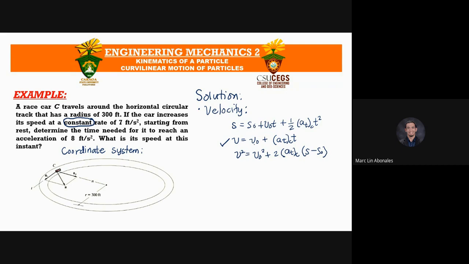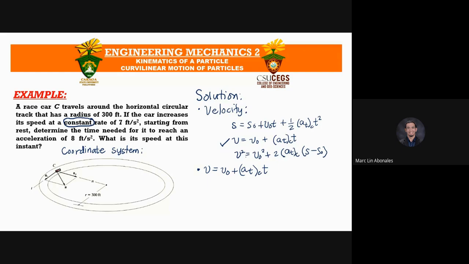Okay? What is our v0, our initial velocity, if we use the second equation? That is equal to 0. Why is it equal to 0? It is because from the statement, it starts from rest.